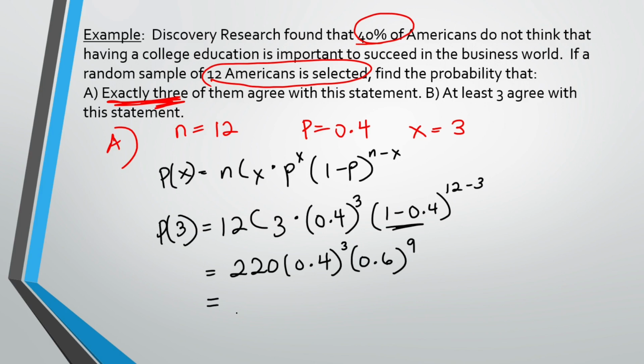And using our calculator, this gives us a probability of 0.1419. If I round this to 4 decimal places, I get 0.1419. So we have a 14.19% chance that exactly 3 Americans will agree with the statement if 12 Americans are selected.